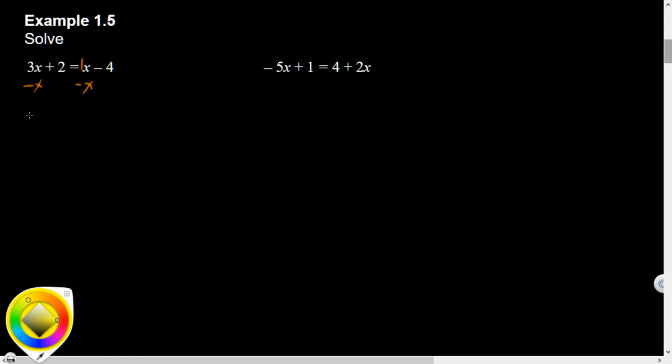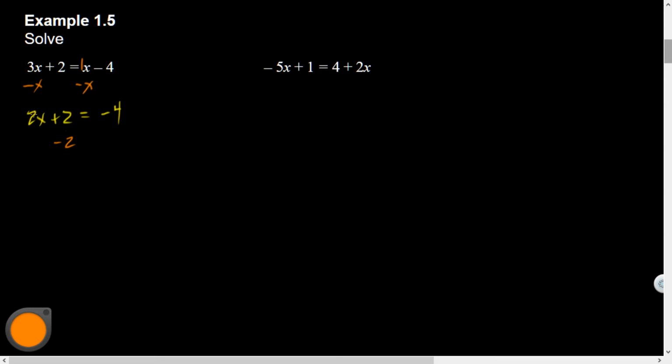Track with me here. 3x minus 1x is 2x, plus 2 equals, those canceled out, negative 4 is what's left over. Now, dividing everything by 2 would be okay in this case, but let's SADMEP, we'll subtract before we divide. Subtract 2 from both sides.